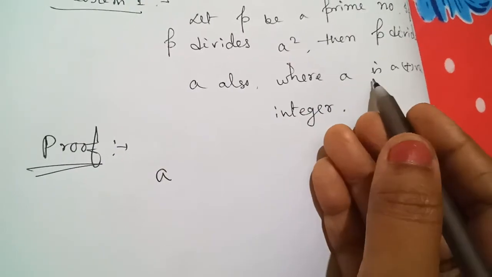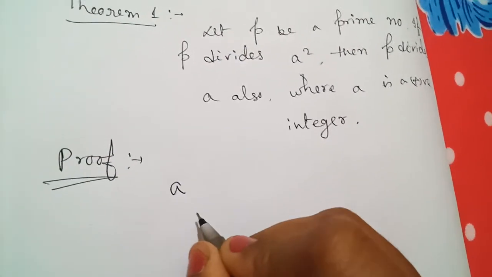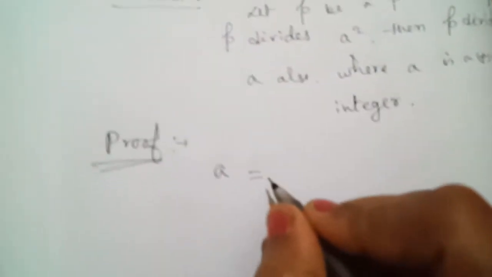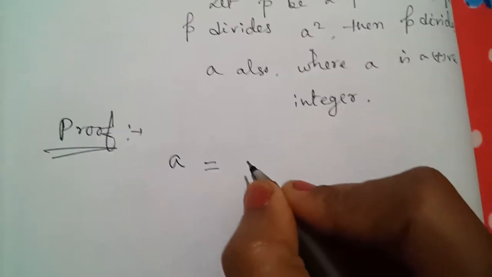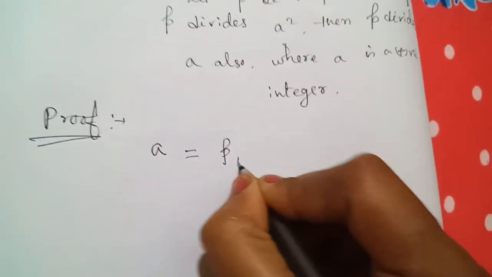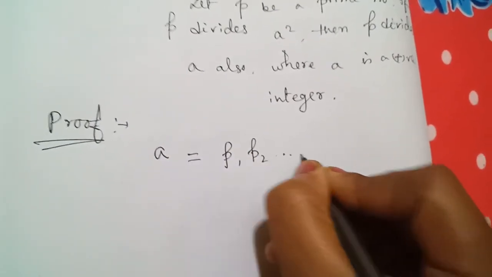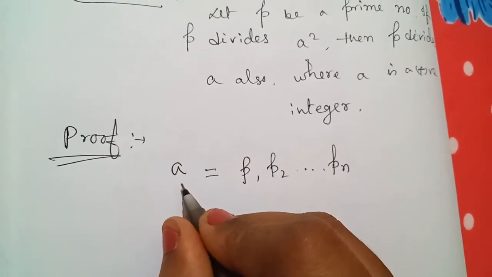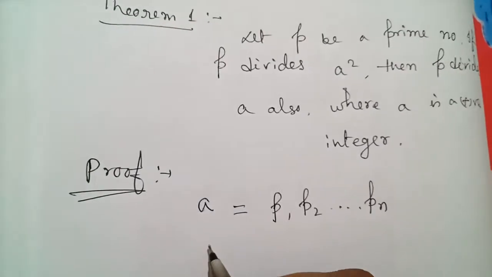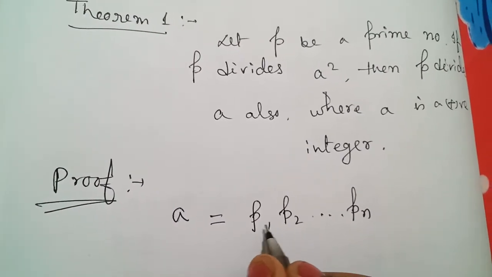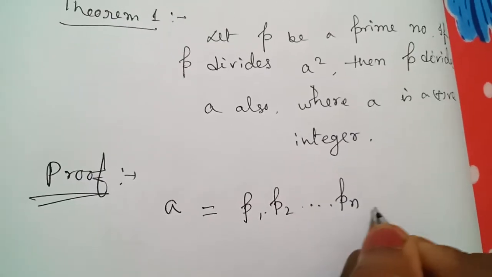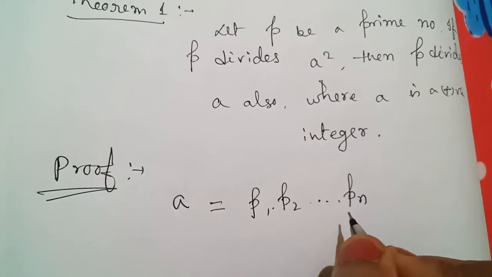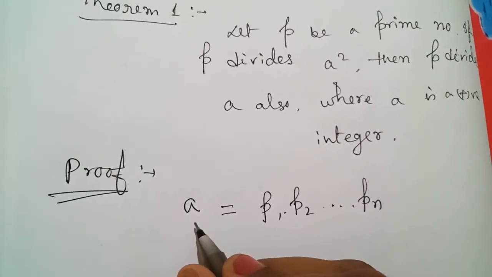As a is a positive integer, a can be written as a product of many primes, suppose P1, P2, Pn. So a is a composite number, so it can be represented as a product of many primes, where P1, P2, Pn are all prime factors of a.